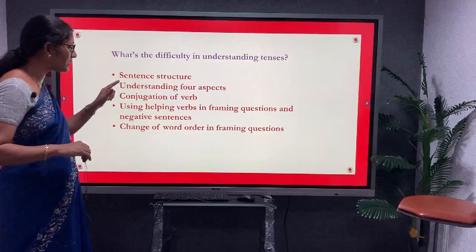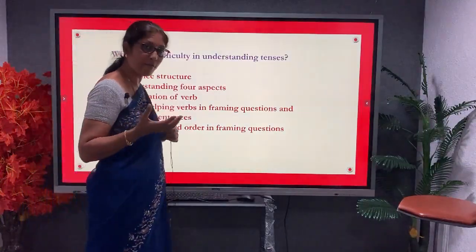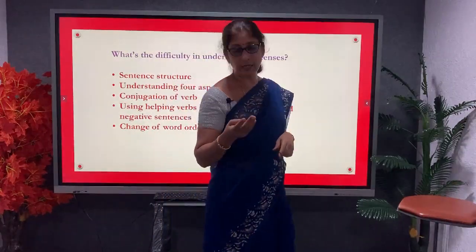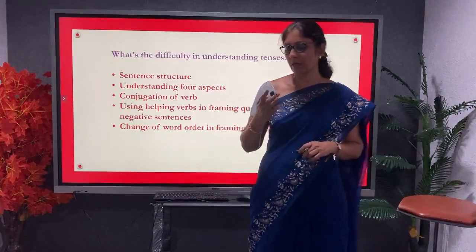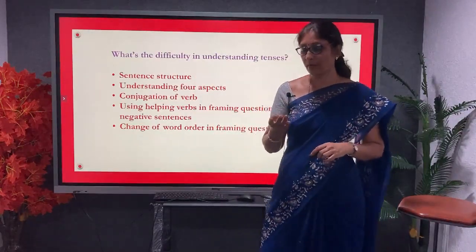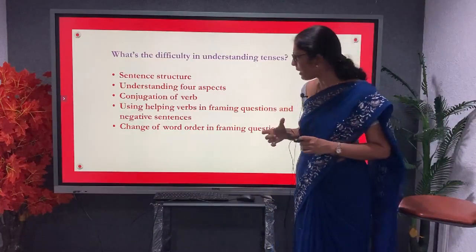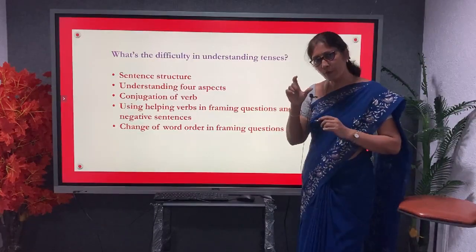Next one, understanding 4 aspects. What are the aspects of tenses? You have 4 aspects. That means the simple one, simple present, simple past, simple future, then continuous tense, then perfect tense, then perfect continuous tense. So we should understand which form we use.